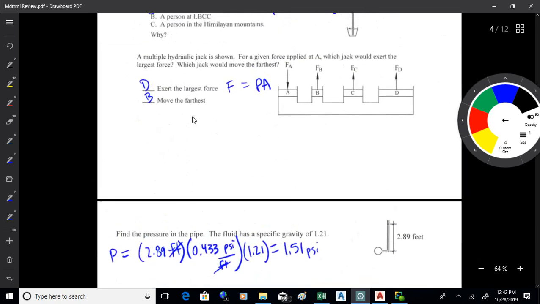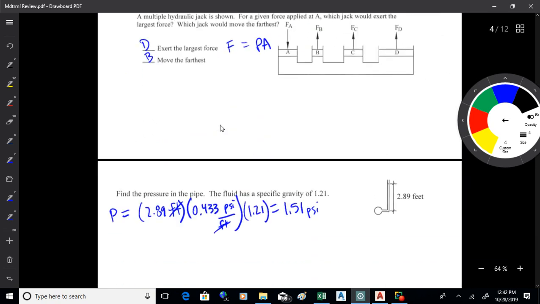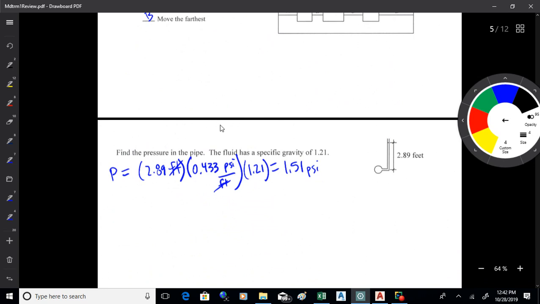The first thing is, if you look at the formula sheet, you've got that 1 foot of water is 0.433 psi. So you convert the depth into feet if you need to. You want the depth in feet. By using this conversion, that will get you psi, okay? So you do not want to convert that depth into inches.